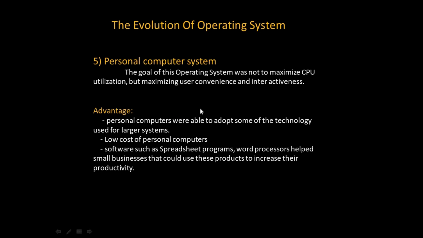The next type of operating system is personal computer system. The goal of this operating system was to maximize user convenience and interactiveness. We know that in the previous computer systems, the users did not have access to computers.